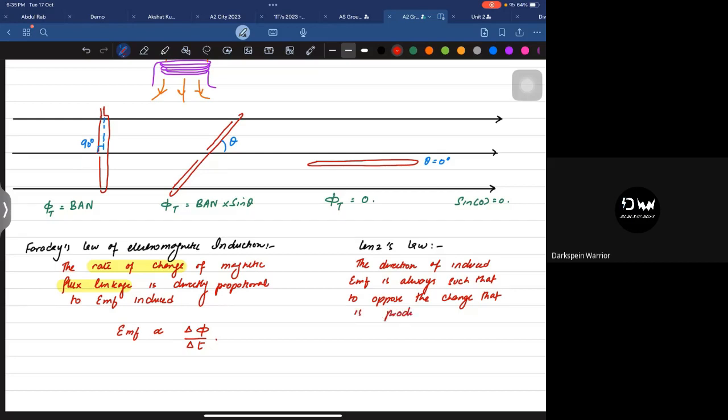So basically, he told everybody that the EMF must be in the opposite direction of the change that is causing it because it needs to oppose it.